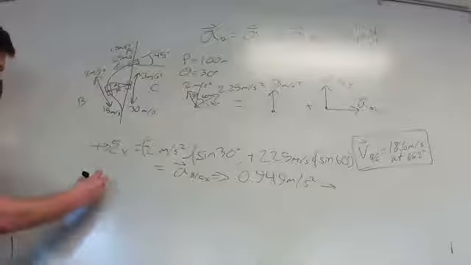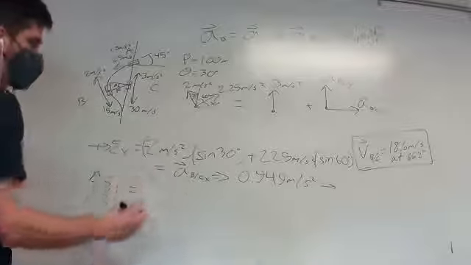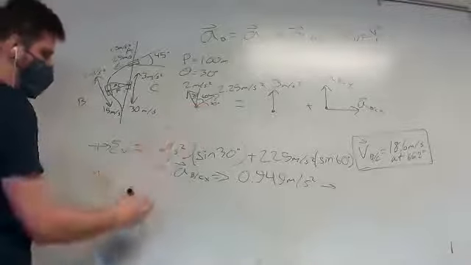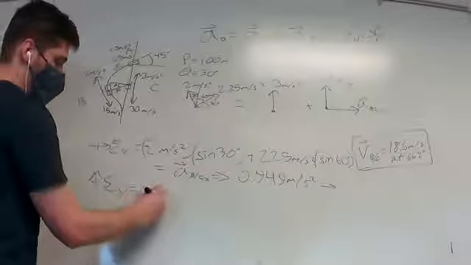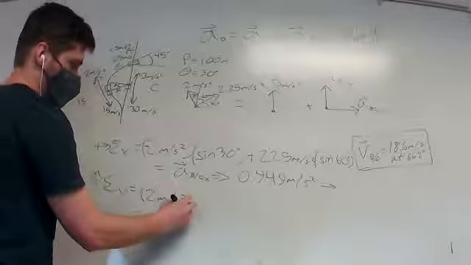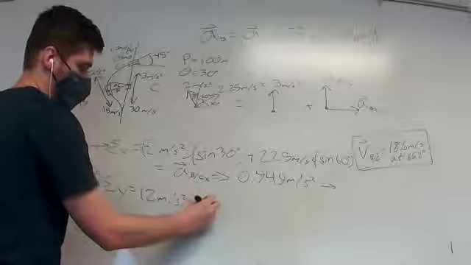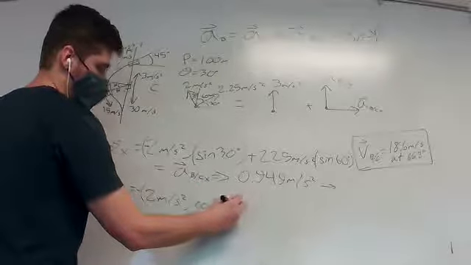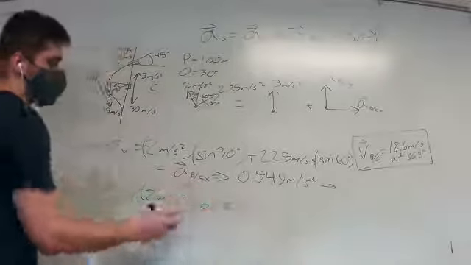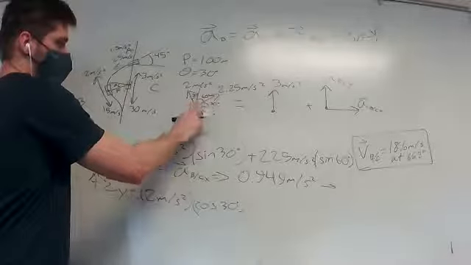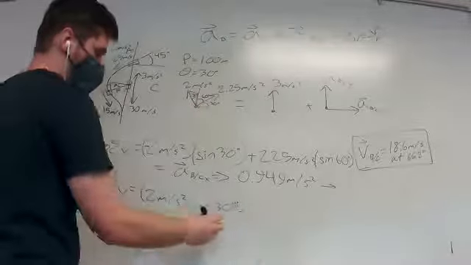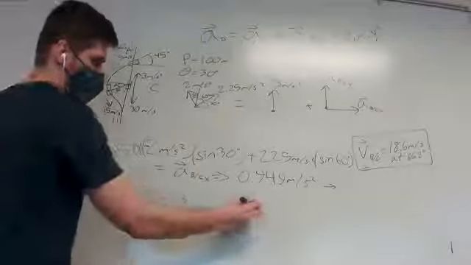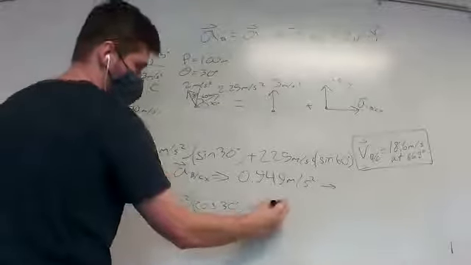Then, yeah, we found our ABCX, so we can do our sum of the forces Y. Take our Y components of this. So that's going to be 2 meters per second squared times the cosine of 30 degrees.